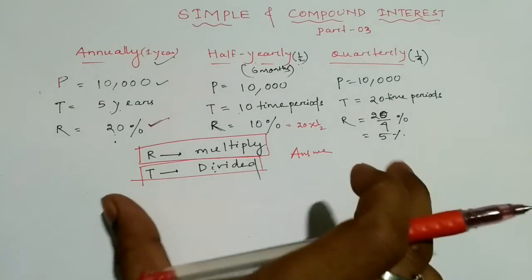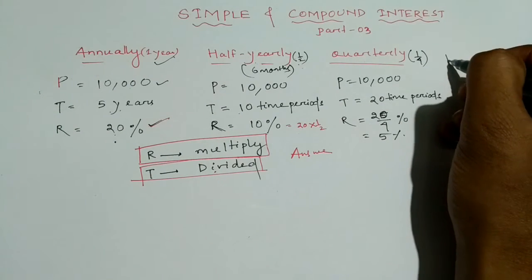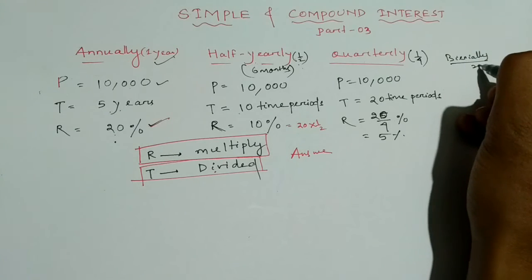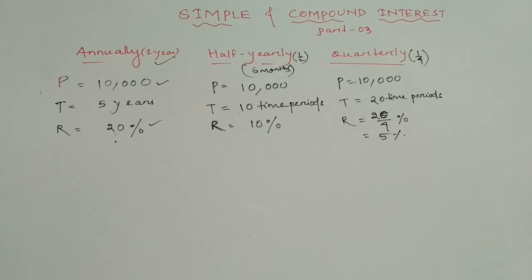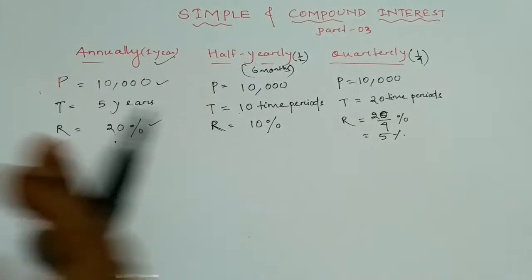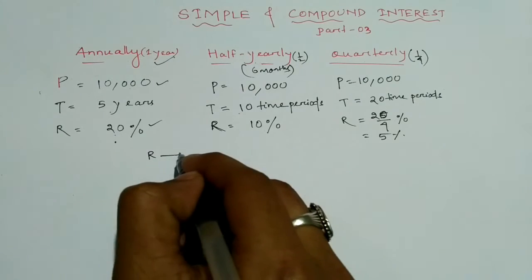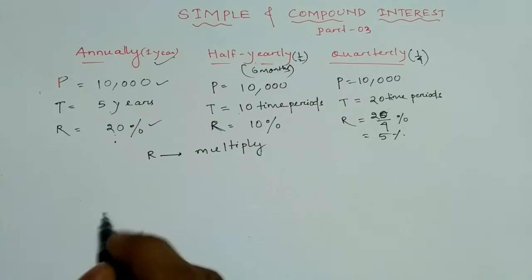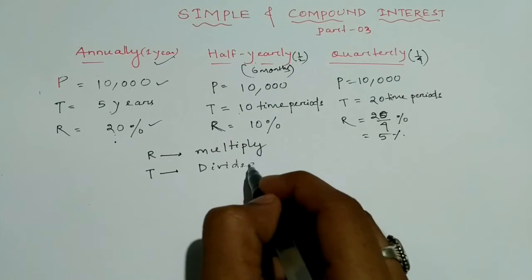But let me tell you one thing: if it asks me to find out biennially, that is for 2 years. In case you have a problem finding the time period and the rate of interest, just remember one thing: r should be multiplied, and t should be divided.